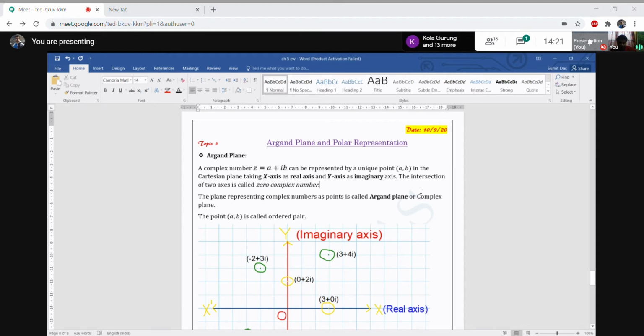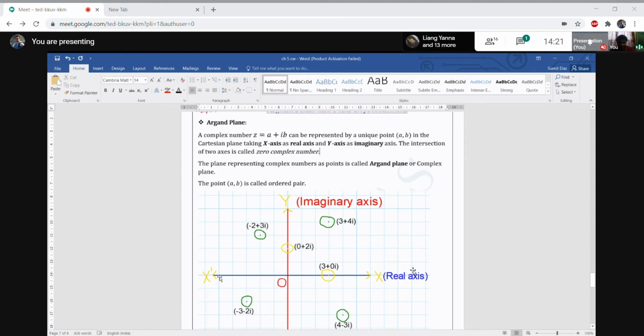So in the Cartesian plane, we know this is the x-axis and this is the y-axis, right? Taking the x-axis as the real axis and the y-axis as the imaginary axis. All the real part of the number will be put on the real line, towards the x-axis, and all the imaginary part of a complex number will be plotted on the y-axis, up or down.